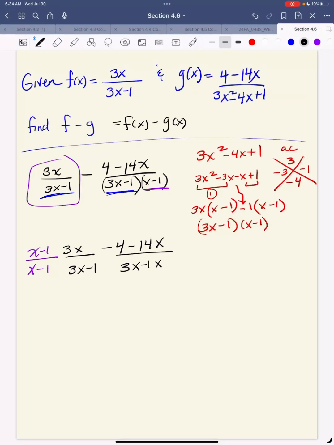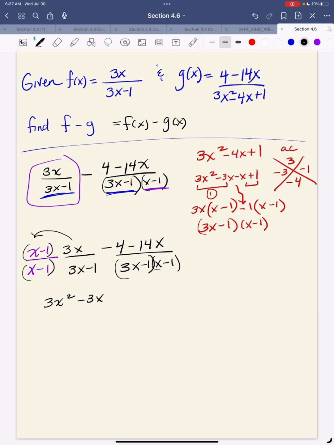So now when I multiply through, I have 3x times x minus 1. So this is going to give me a 3x squared minus 3x.